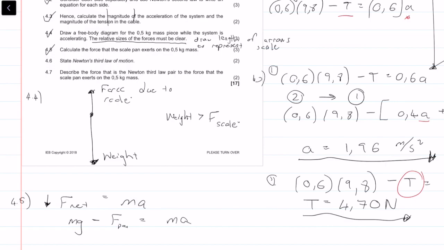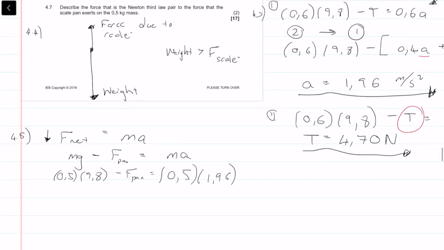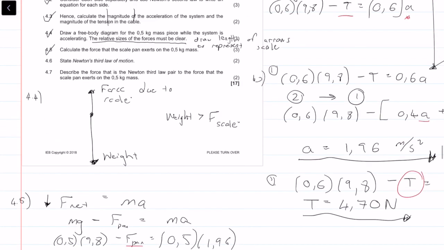The mass in this case is 0.5 kilograms. So 0.5 times 9.8 minus F pan is equal to 0.5 times 1.96. Okay, F pan is the only unknown, so the force of the pan is equal to 3.92 newtons. Okay, cool stuff.